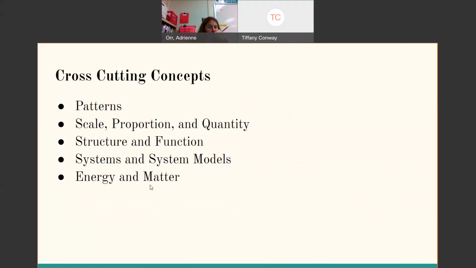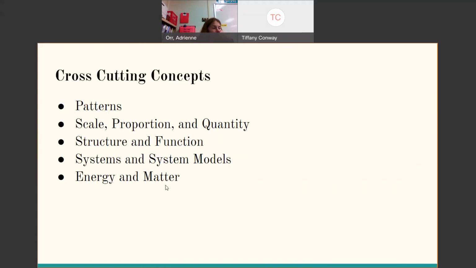It also looks at the cross-cutting concepts and some of the science and engineering practices. One of the biggest ones, I think, is patterns and making models.